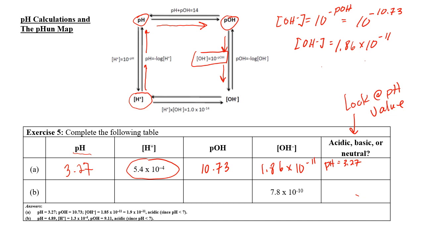On the scale, that falls under the acidic range. So to answer these ones, you're just looking at the pH. If it's less than 7, it's acidic. If it's greater than 7, it's basic. All right, let's do the next row.